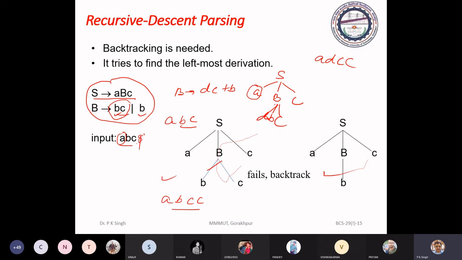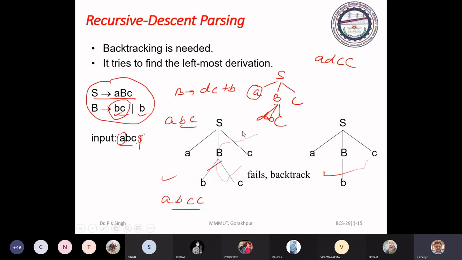If you don't have any other alternative, in that case your parsing fails. That string doesn't belong to the language generated by the grammar, and you are not able to generate the syntactic structure. Okay.